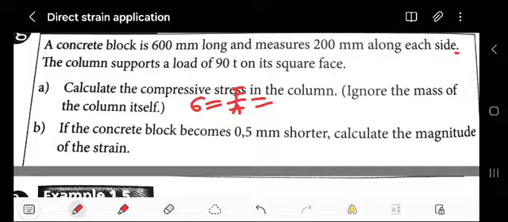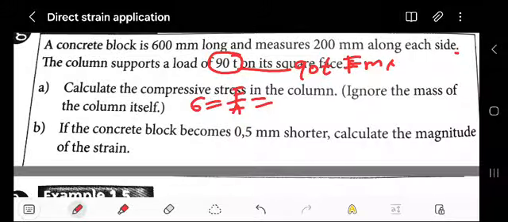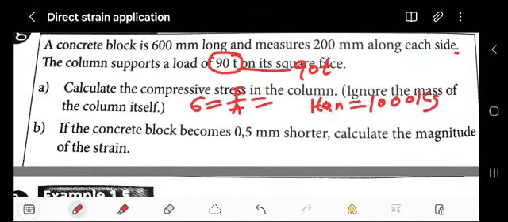Okay, what is the force? The force here, we've been given 90 tons, but force is equal to mass multiplied by g. So we know that 1 ton is equal to 1000 kg. You must know that.